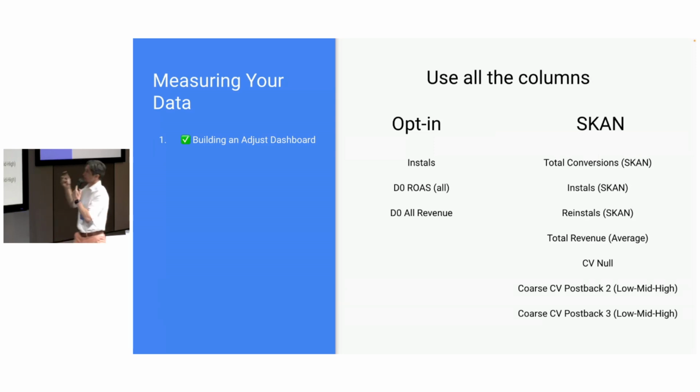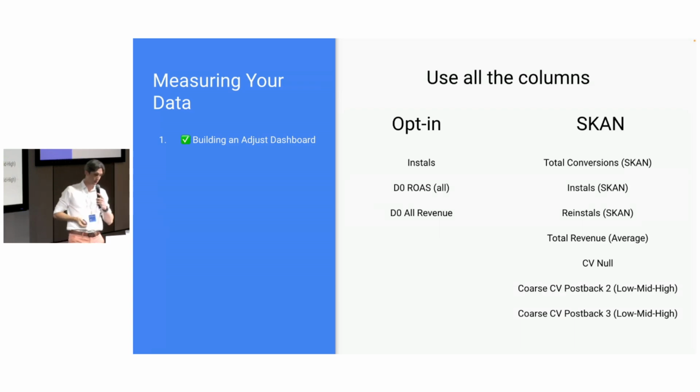Then you have total revenue in SKAN. So this is the revenue unpacked from your SKAN schema. A supporting metric would be conversion value null, which is the number of installs for which the SKAN revenue is not unpacked because of limitations, privacy thresholds, etc. So if this number is very high, you cannot rely totally on SKAN metrics.